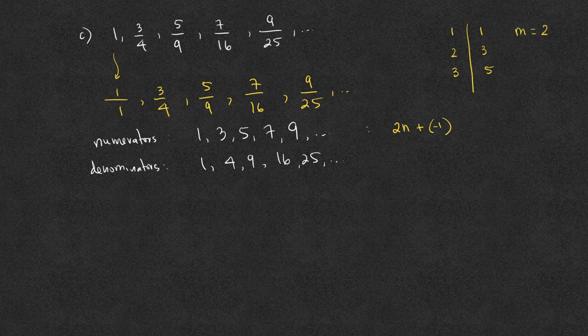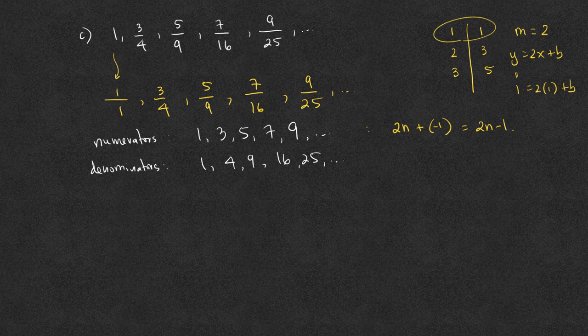And then once we found the slope, we have y equals 2x plus b, and if we plug in x equals 1, y equals 1, then we have b equals negative 1. And so the numerator is 2n minus 1.